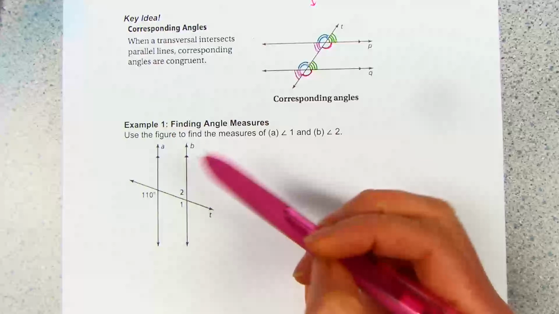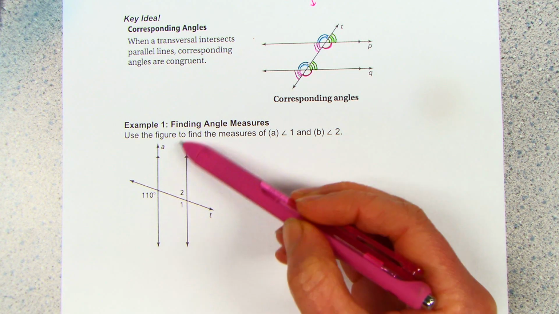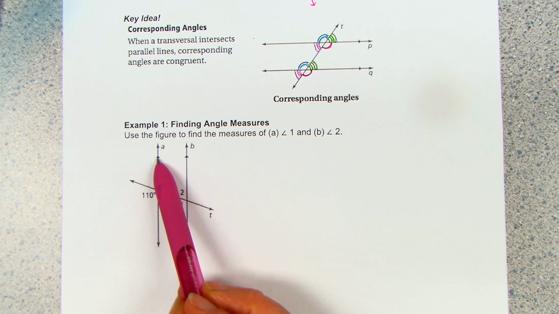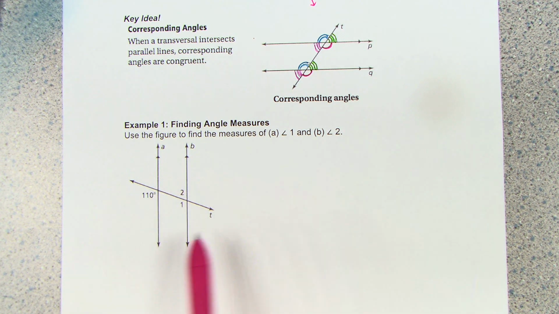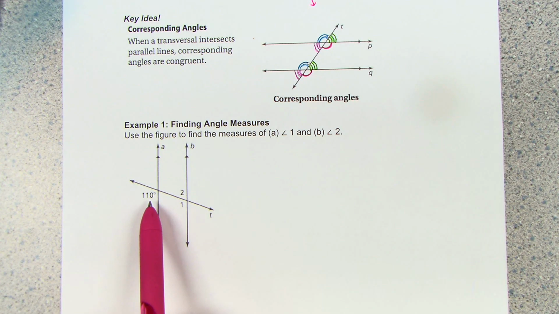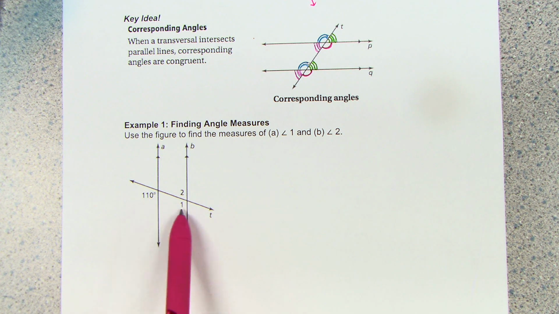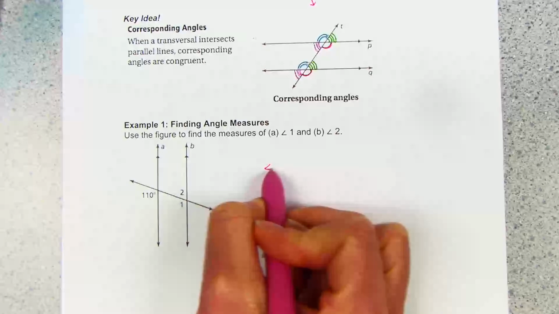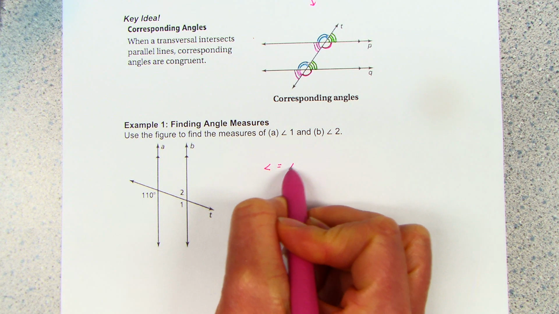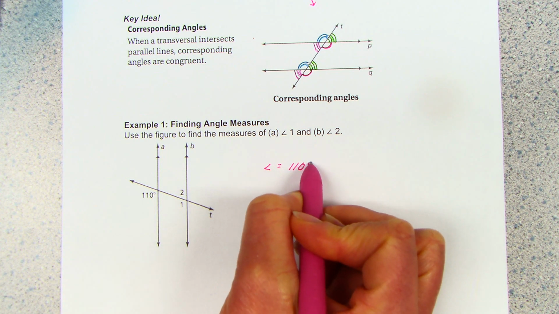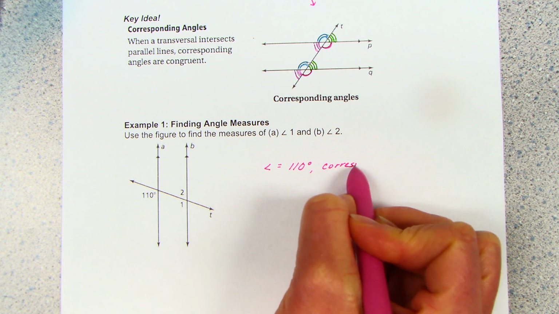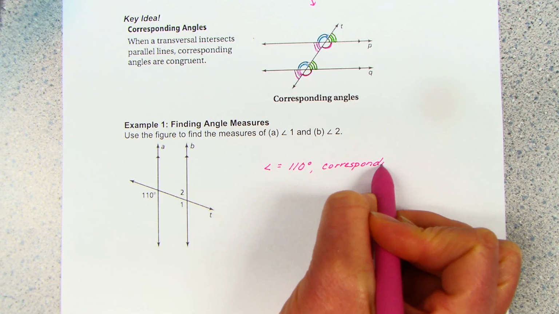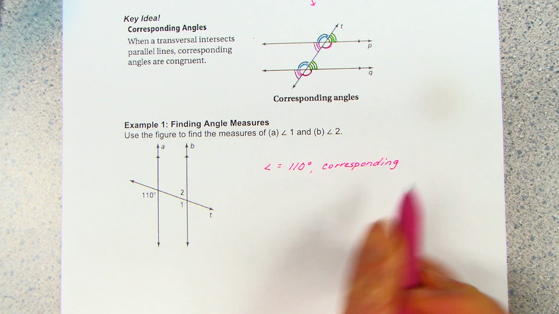So the picture shows us that line A and line B are parallel because they're marked as parallel. And here we have this transversal. And so I know that if corresponding angles are congruent, then angle 1 is equal to 110 degrees because it is corresponding. So we need to put the reason why. All right.